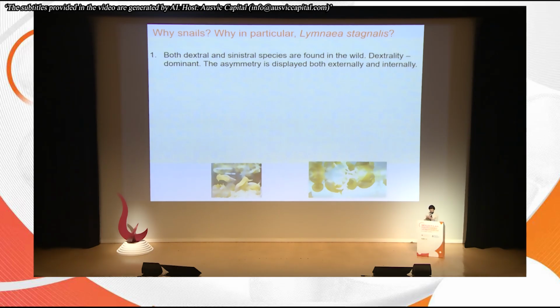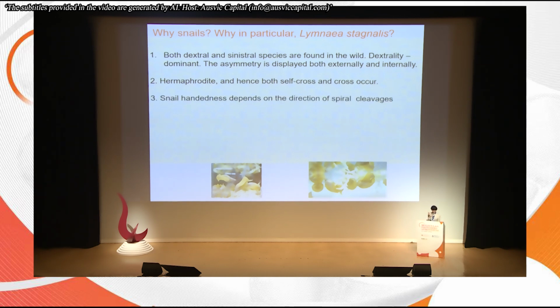In human beings, 1 in 10,000 has situs inversus, completely mirror-image internal organs, but you won't see it. Okay? They are hermaphrodite, meaning there's no male and female difference, and they both self-cross and cross. That makes it easy to do genetic work.